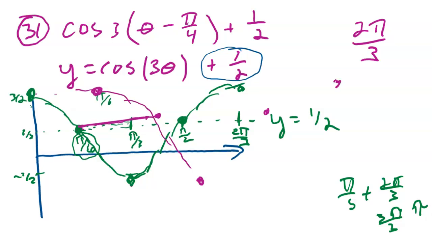And this is our cosine of 3 theta plus 1/2 shifted pi over 4. Again, this length here is pi over 6, and this length here is pi over 6. So to get pi over 4, you have to have a whole length and a half. Basically 30 degrees and 15 degrees would give us 45 degrees. That might have been easier in degrees.